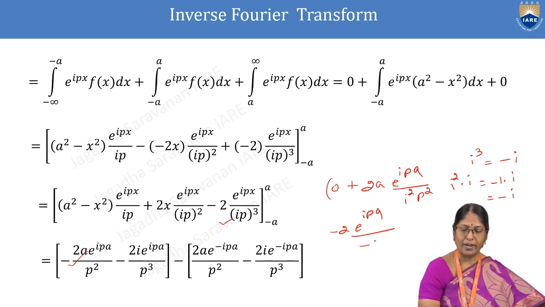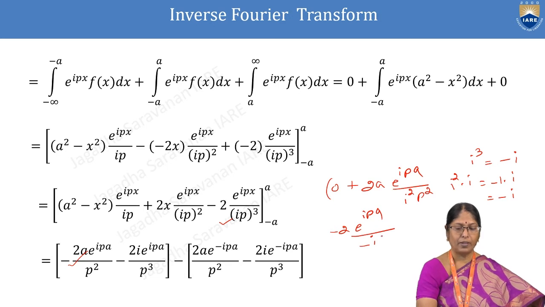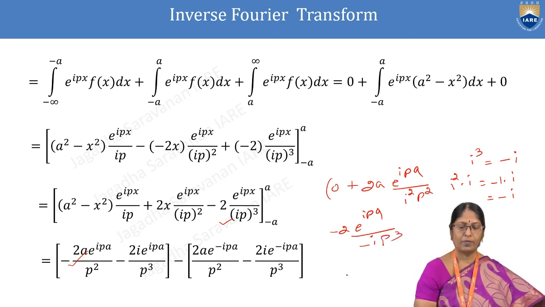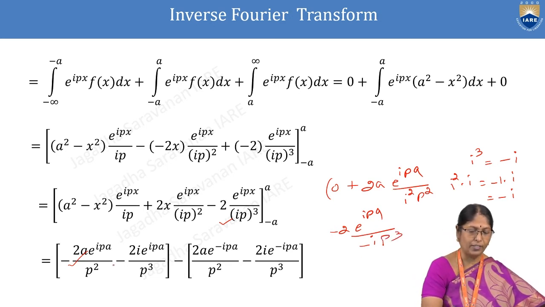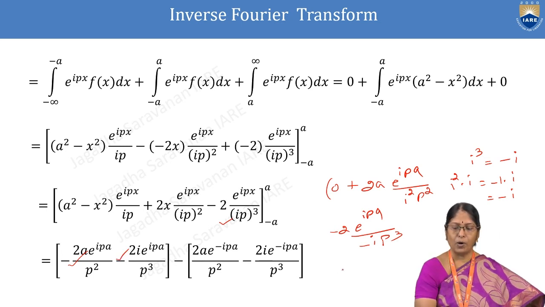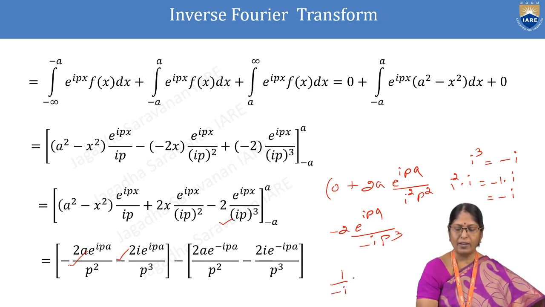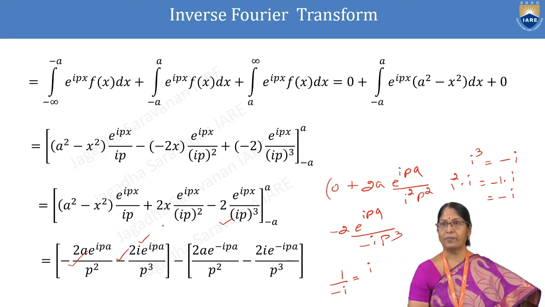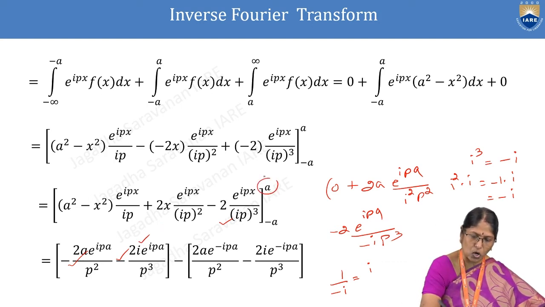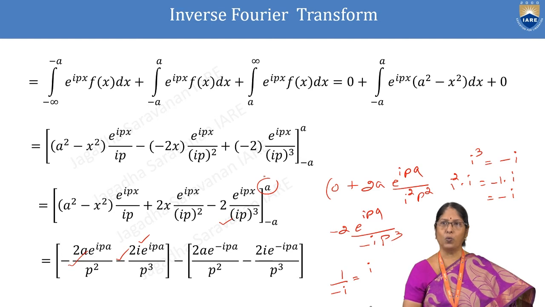So here minus i is there. But 1 by minus i, bringing it from the denominator to the numerator, becomes i. That is why here i is there. So the upper limit a job is completely over.